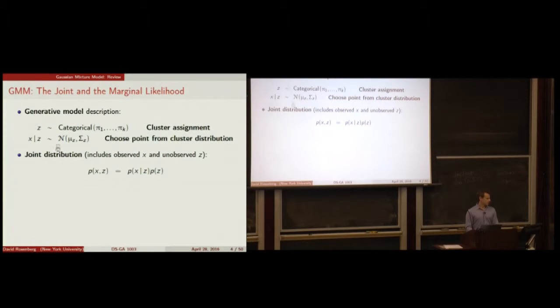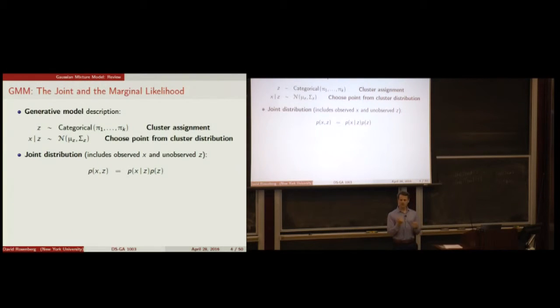So the generative model description that we're dealing with in Gaussian mixture models is first we draw a variable z, which is the cluster assignment or component assignment, from, have you guys heard of the categorical distribution? It's like the Bernoulli distribution, which is either 0 or 1. The categorical distribution is one of k categories.